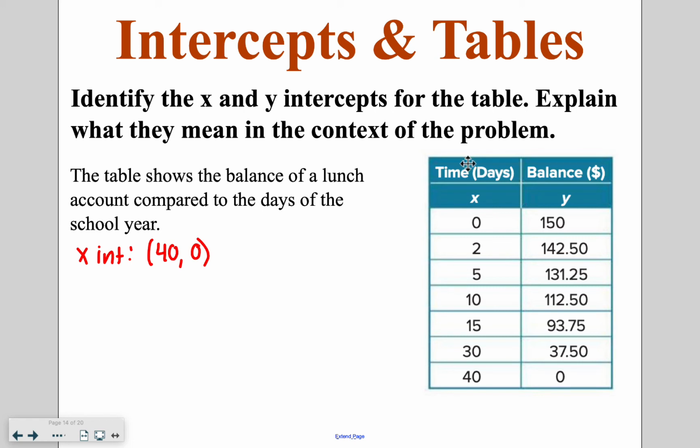Looking at our labels here, with our x's being days and our balance or our dollar amount being y's, our interpretation would be that after 40 days, so after 40 of the x values, the balance is $0 or the account is empty. She's run out of money in this particular lunch account.